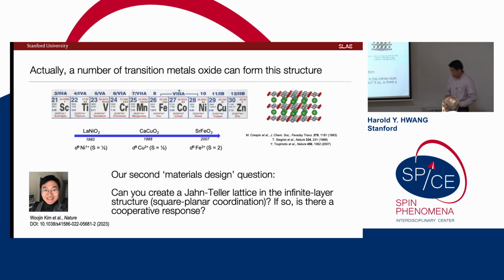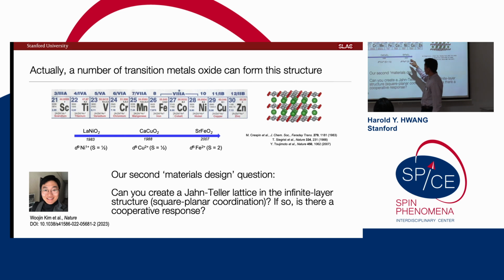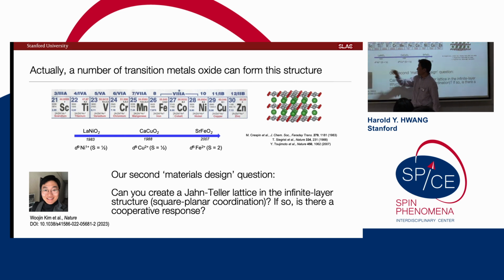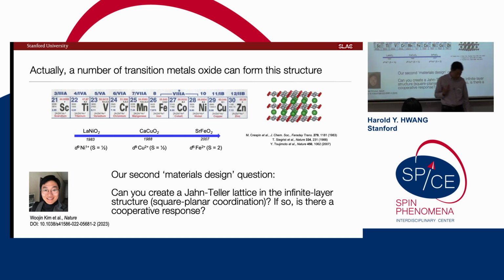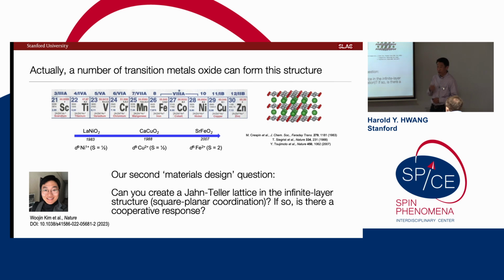Okay. So what I was going to tell you about next was, I think just stop me when I should stop. So this layered structure is quite interesting, and as I told you, this story the chemists discovered in the nickelates was, I think, the first materials manifestation of this infinite layer structure.